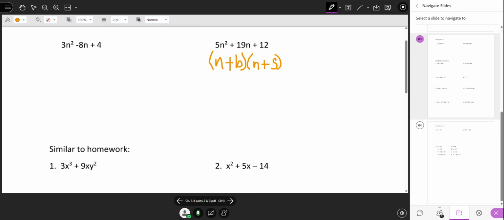And this one is type 2, so this one would be n minus the big and n minus the small, because it's type 2.